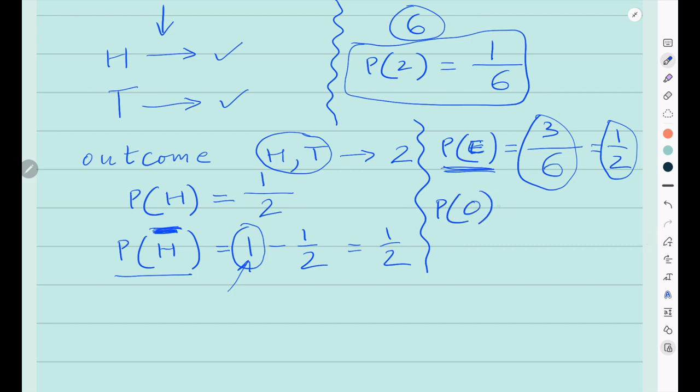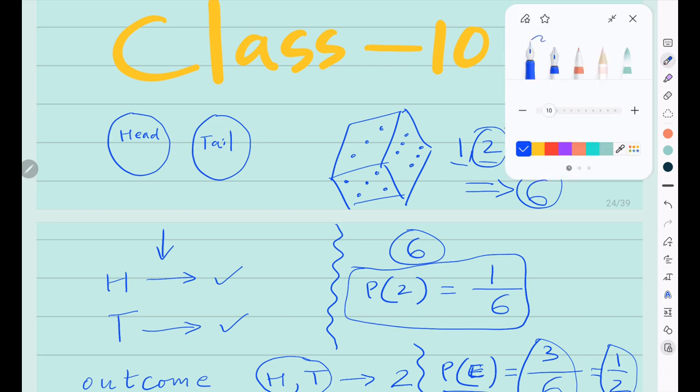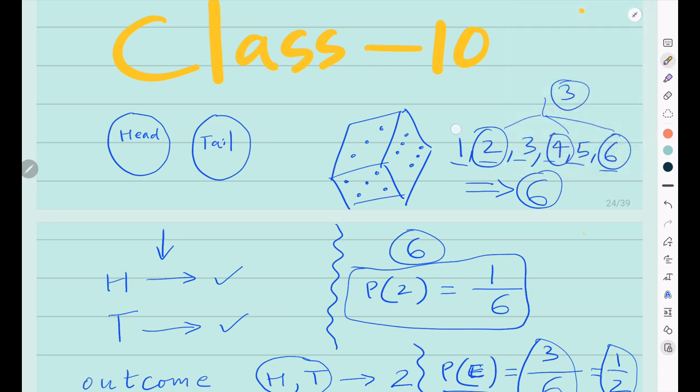And then can you give this answer? What is the probability of getting an odd number? Either we can do it as 1 minus 1 by 2, which is 1 by 2, or we can also say, this is odd. Let me take another color.